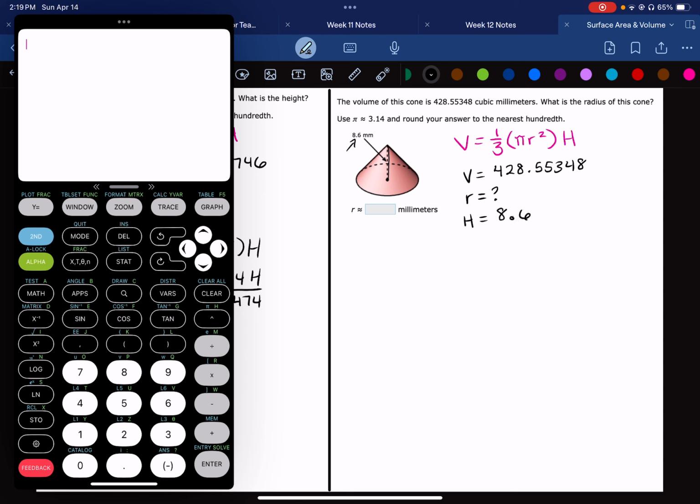So just like the previous 3 examples from the previous 3 videos, we're going to go ahead and use this information to replace in our formula and set up our equation to solve.